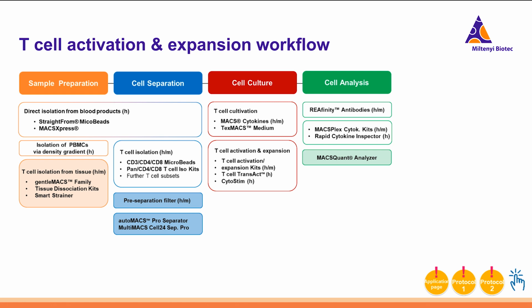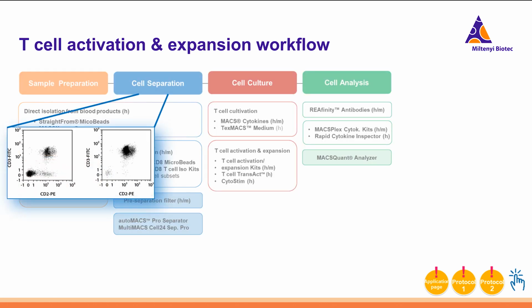So let's start with our T-cell activation and expansion workflow, which is of pivotal importance for so many T-cell applications. Thereby, reliable and efficient cell culture results are essential for the success of the intended downstream application. In our respective activation and expansion workflow, first, T cells of a given subtype are isolated with highest purity using our MACS microbeads and isolation kits.